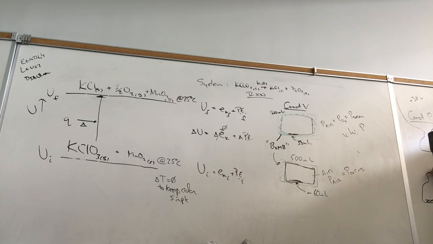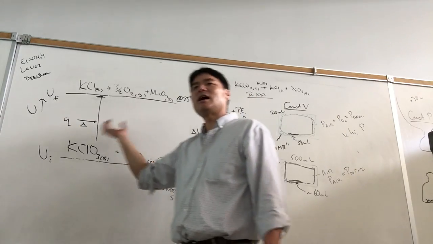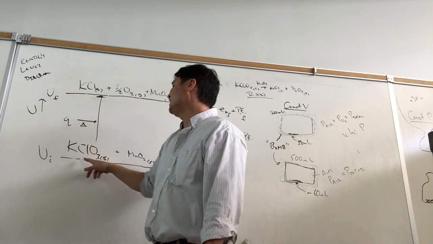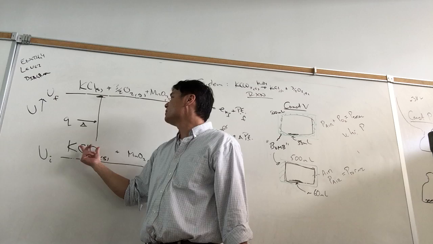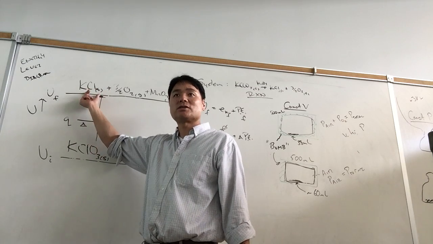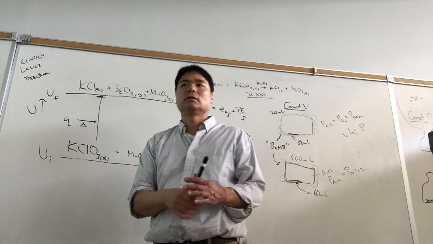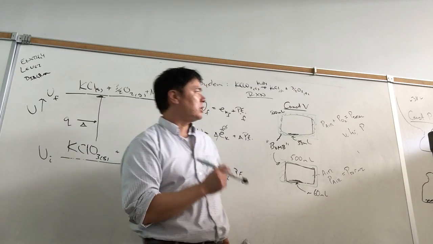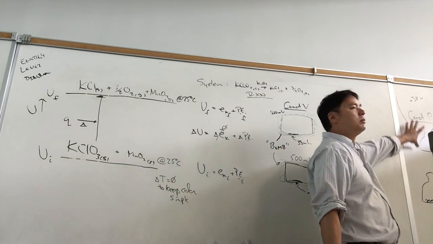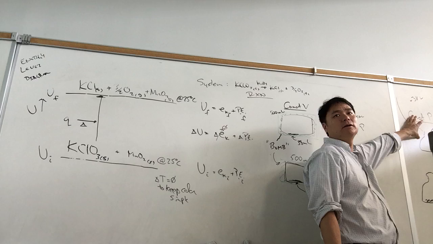And so we've got to let the balloon expand. That means when you're heating this up, not only are you heating it up to decompose the KClO3, this is a redox reaction, but you're also giving it energy to blow up the balloon.